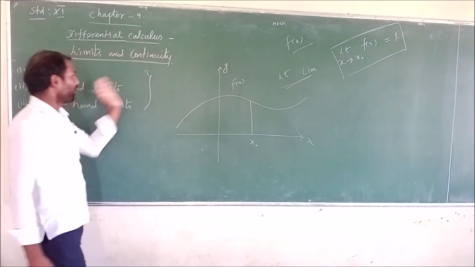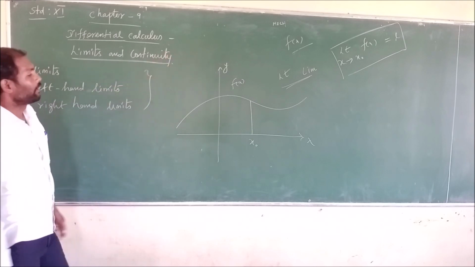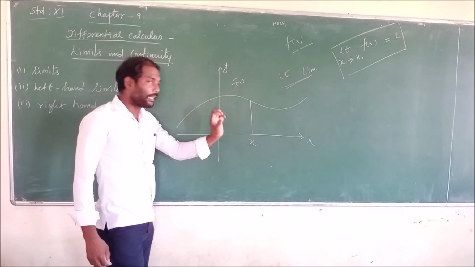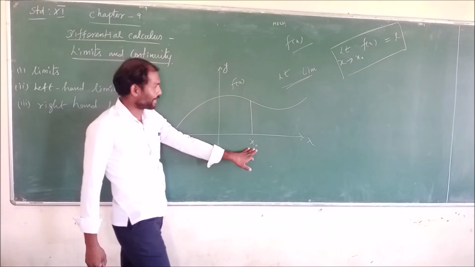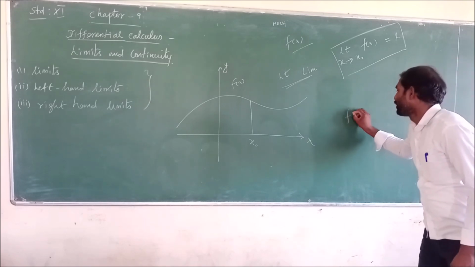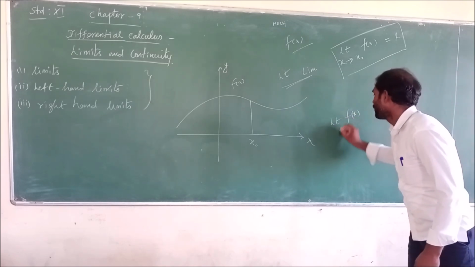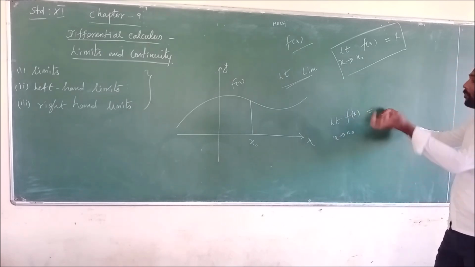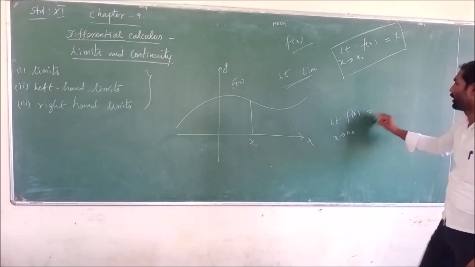So applying the definition for limit, the limit exists at x naught if limit x tends to x naught of f of x equals some finite value.